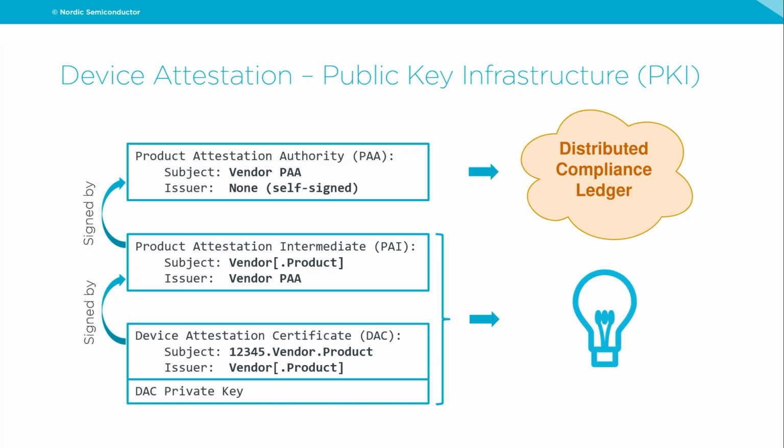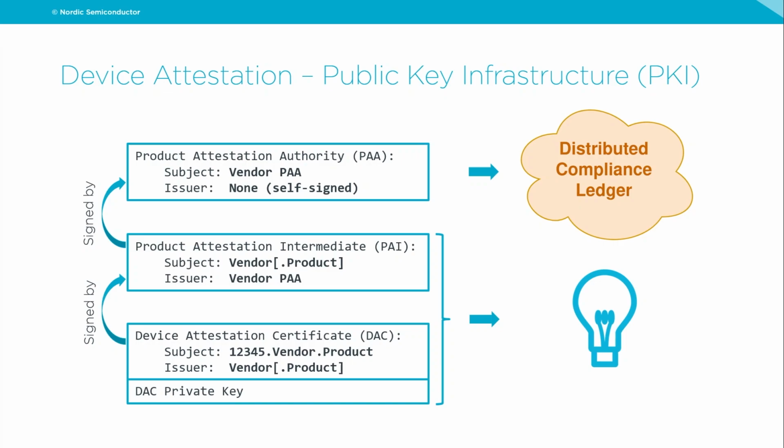At the end of the chain is the DAC, which is a regular X509 compliant certificate that must be unique across all individual devices. The certificate includes parameters such as the product ID, vendor ID, and its serial number.